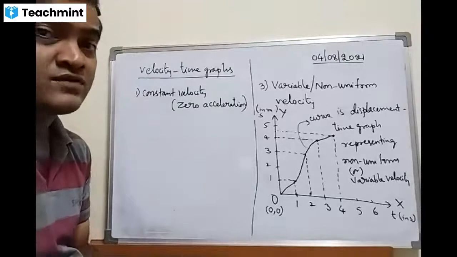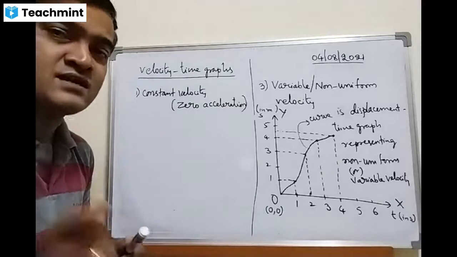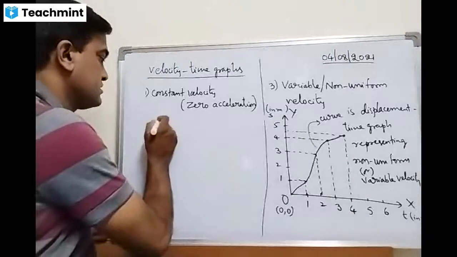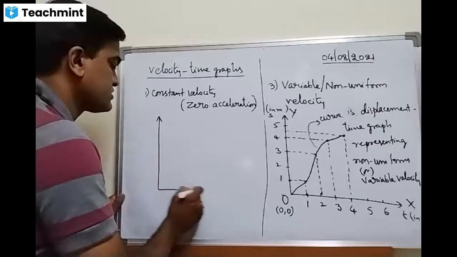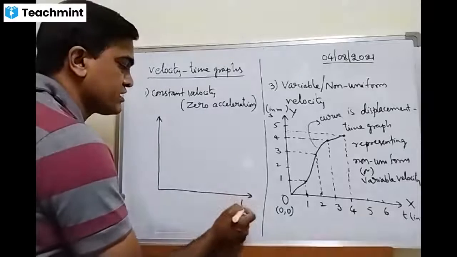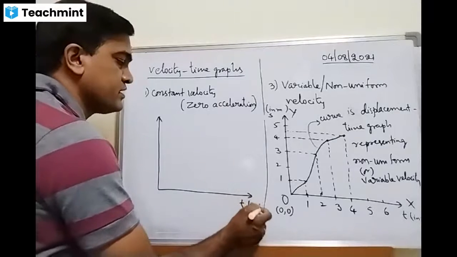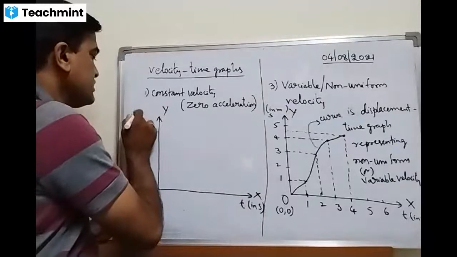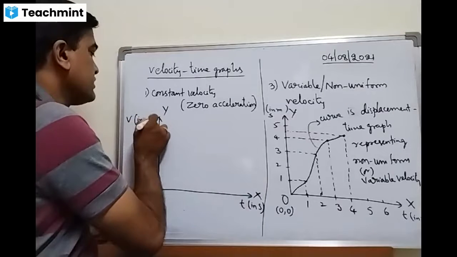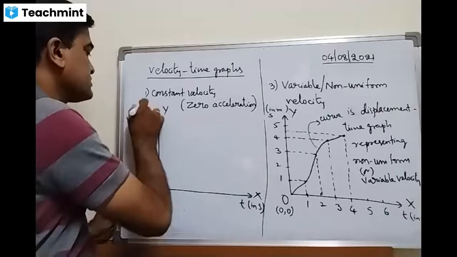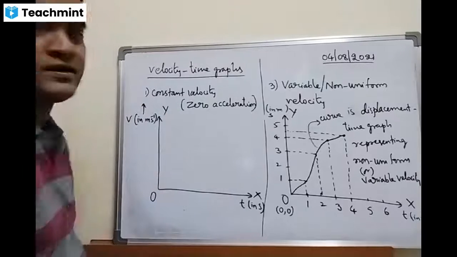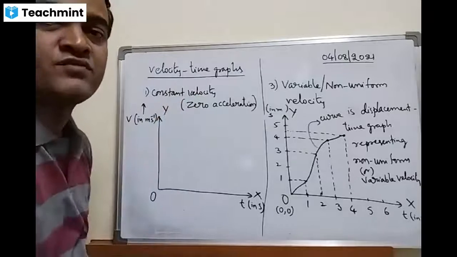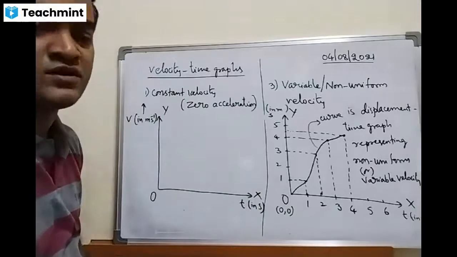If I plot a graph taking time along x-axis and velocity along y-axis, time in seconds along x-axis, velocity in meter per second along y-axis, and here I have mentioned the name itself as constant velocity.